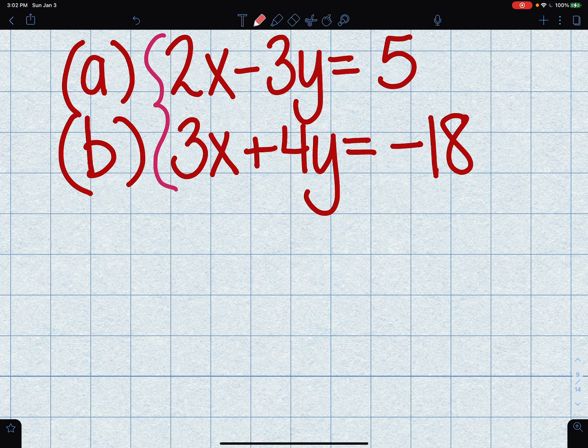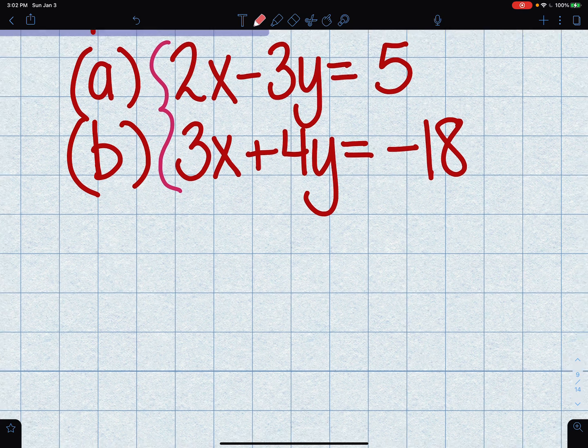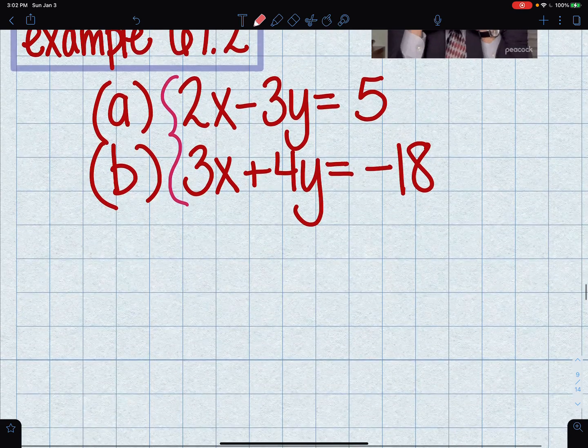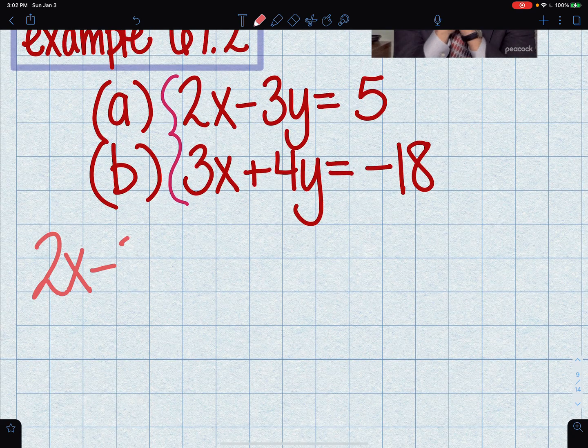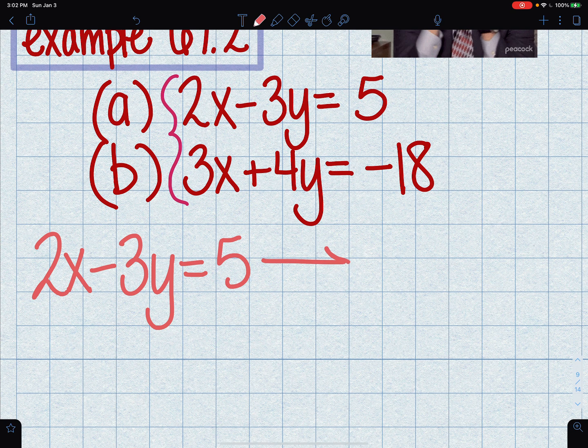Let's take equation A. Equation A is 2x minus 3y equals 5. Let's multiply the whole thing by -3, because that's what they did in the book.